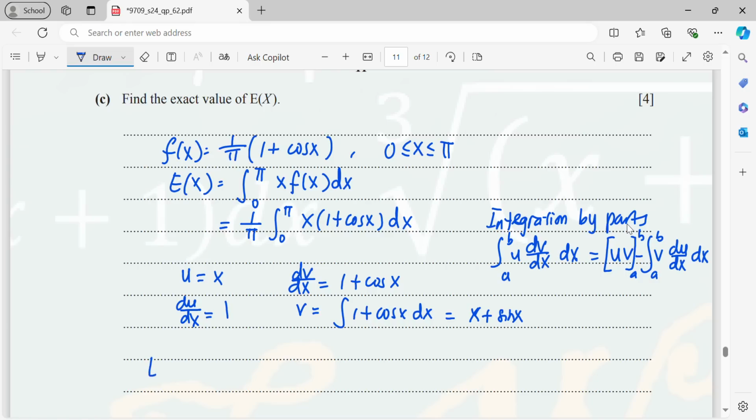Now, my E(X) will be 1 over pi. Then use this formula, put a bracket, uv: x times (x plus sine x) with limits 0 to pi, minus the integral from 0 to pi of v du/dx, so x plus sine x.